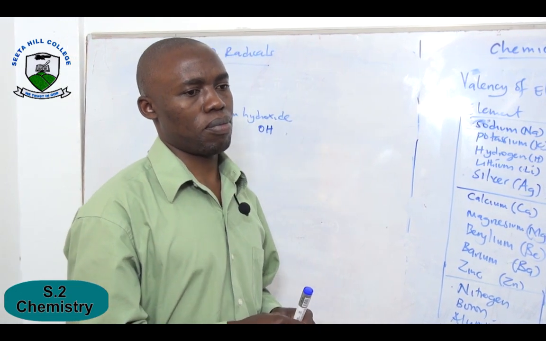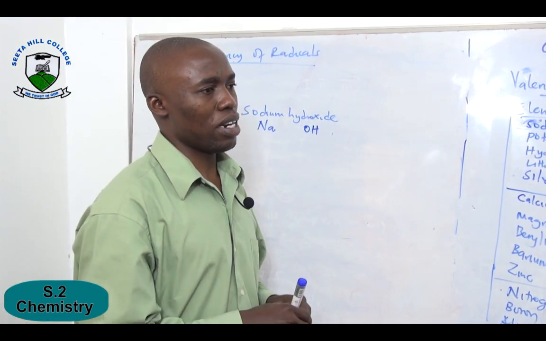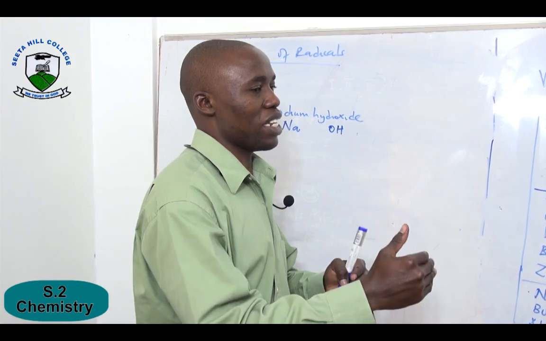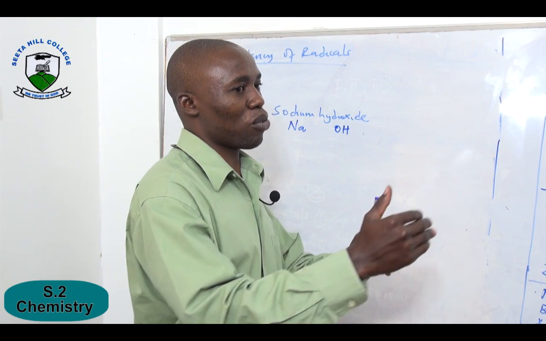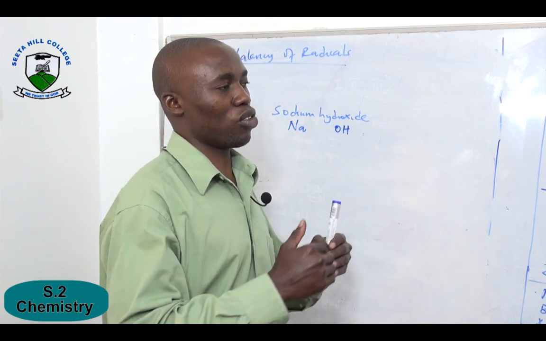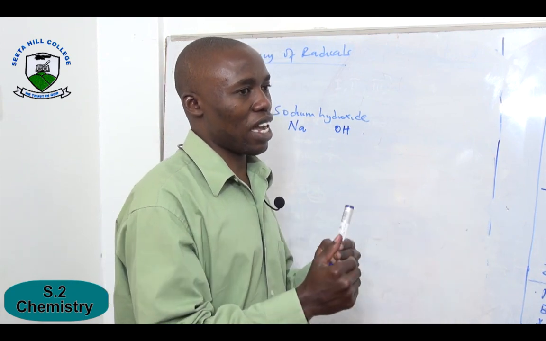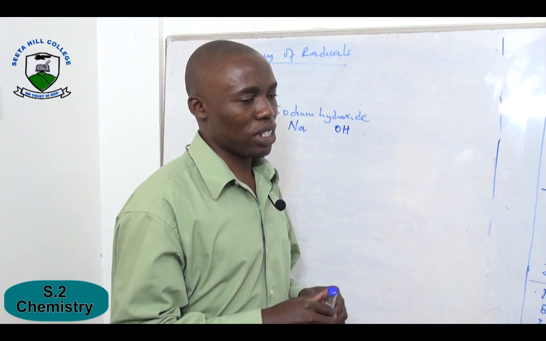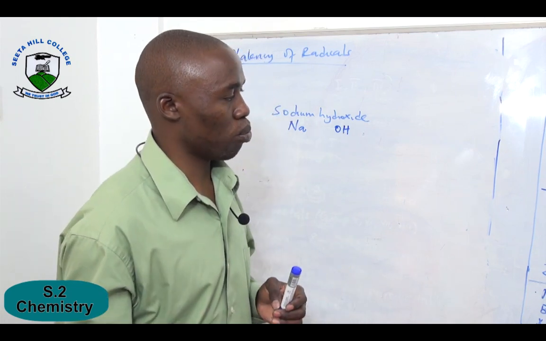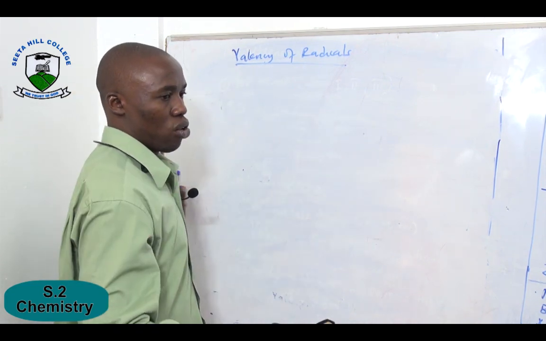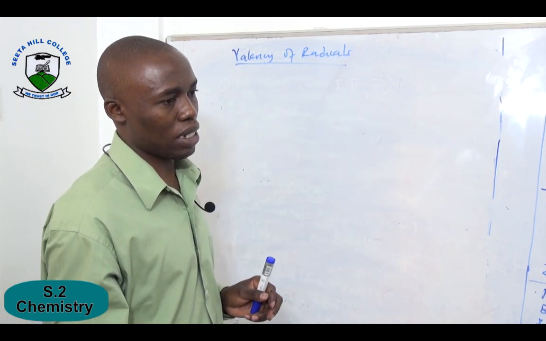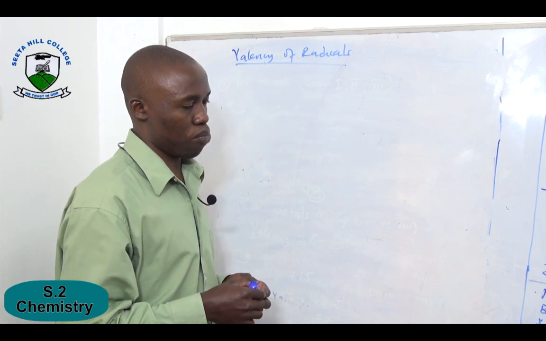See? That you cannot have a chloride in the lab, but you can have sodium chloride. That means chloride can't exist alone. A radical is an atom or a group of atoms which cannot exist on its own but in a compound form.